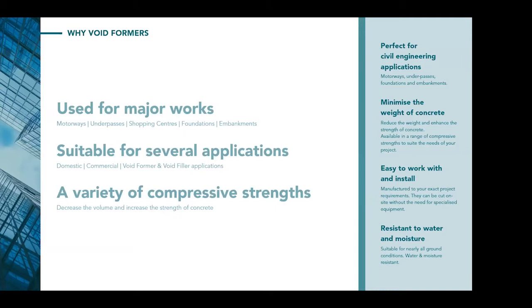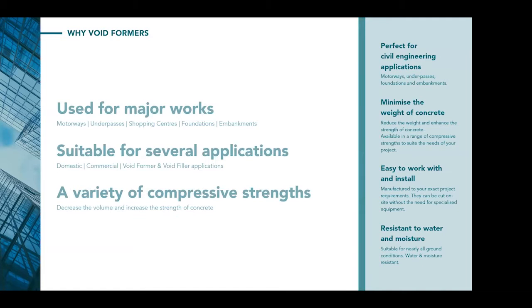So basically, EPS void formers are used extensively throughout the construction industry for a lot of major works. We use them in motorways, underpasses, shopping centers, foundations, embankments, and that kind of thing. Core void formers are suitable for domestic and commercial applications. We see them used in residential developments regularly also.